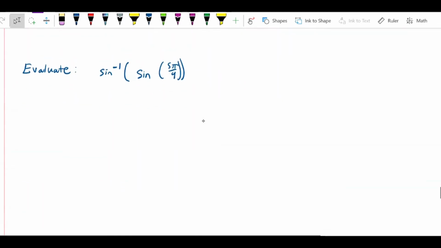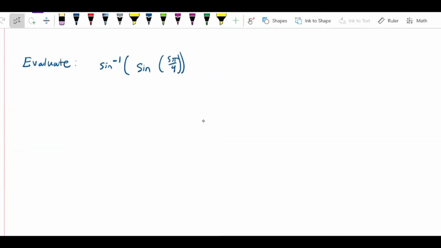Let's evaluate the arcsine of the sine of 5 pi over 4. The naive answer to this is just to say 5 pi over 4, but that's actually not correct, because remember that the arcsine has to give us an angle in the interval negative pi over 2 to pi over 2, and this is not. So sine of 5 pi over 4, and if you need the unit circle to do this, you can do that.